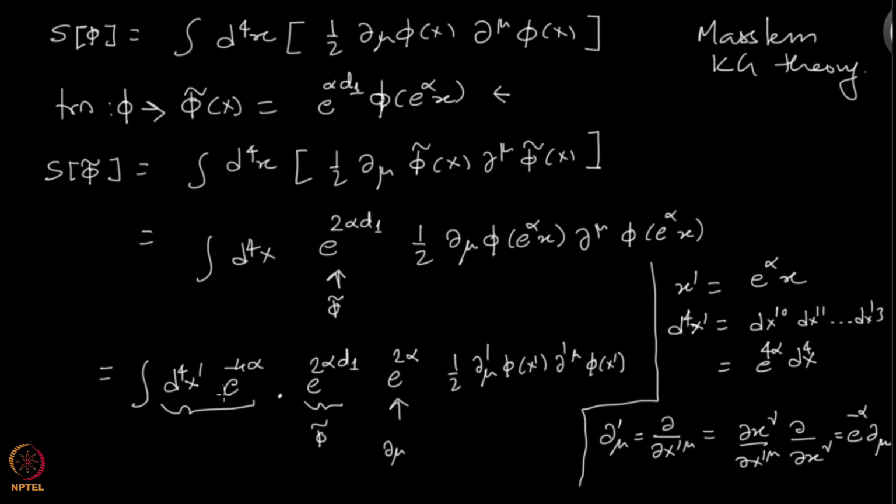But then you have these additional pieces, and you see that if d1 is equal to 1, then these two together form e to the 4 alpha, and this one is e to the minus 4 alpha, and you get the same action back. So you have to take d1 to be 1.